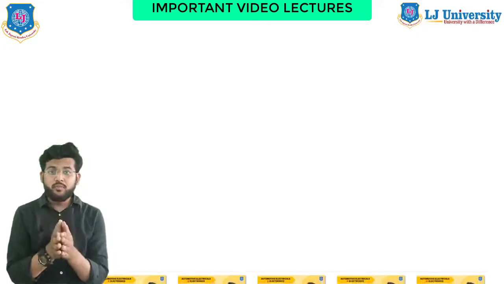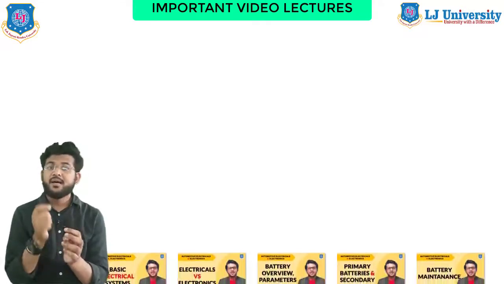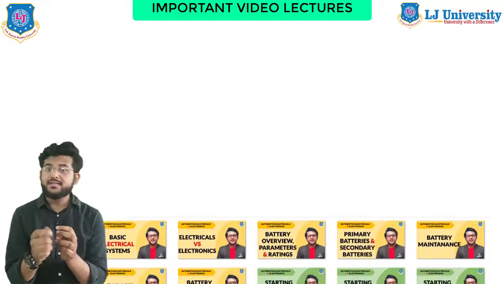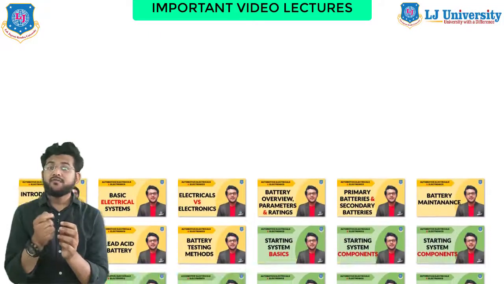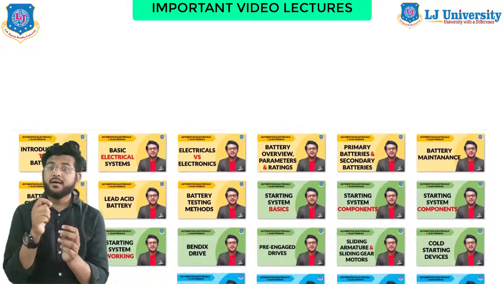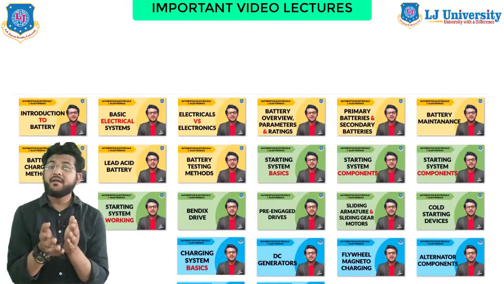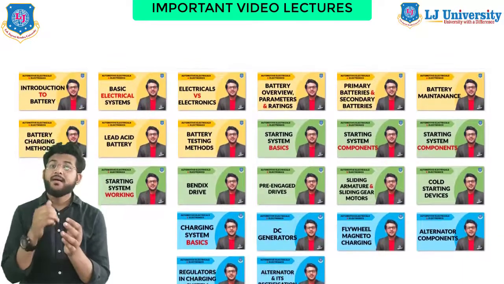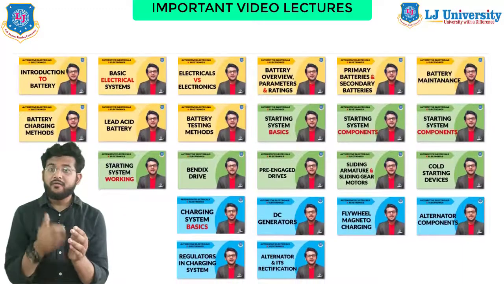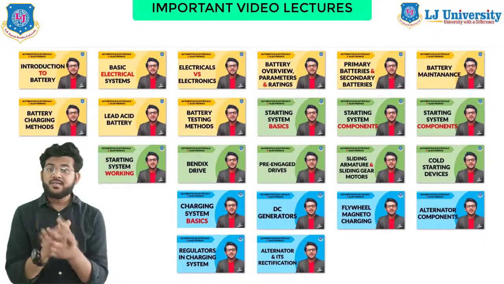I have also made a lecture series on the other chapters like basics of automotive electricals, battery system, thereafter starting system, in which all the starter motors and motor drives are explained in detail. Right now we have discussed the charging system and charging methods.